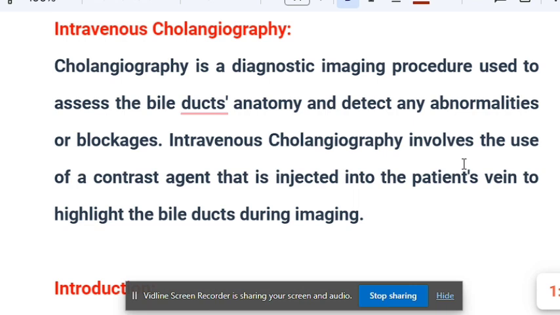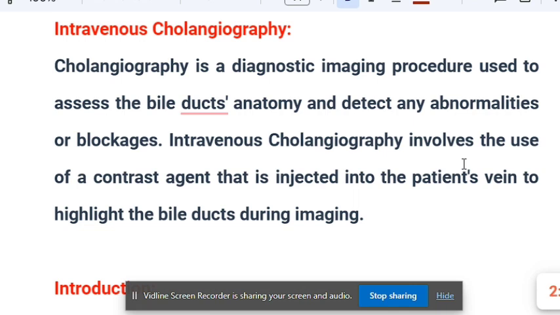But sometimes, due to obstruction of the duct, when an adequate amount of bile does not enter into the duodenum, then the patient gets several types of problems. Number one, indigestion of fat.